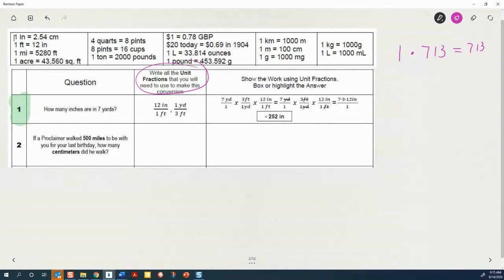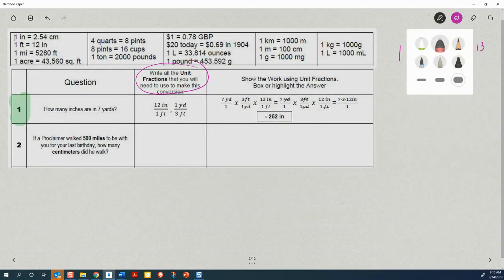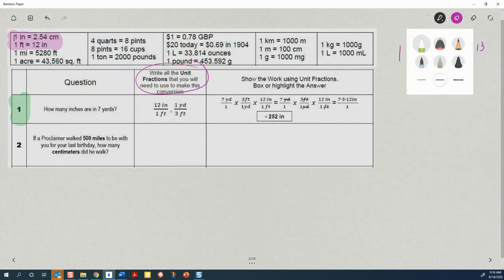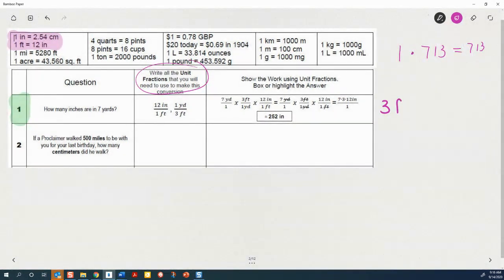So the first step is going to be how many inches are in 7 yards. To go from yards to inches, I need to first understand which unit conversions I'll need. Looks like I need 1 inch. Oh, not that one. Where is it? Oh, you know what? I didn't even write it on here. Some of them that I feel are just common knowledge or should be common knowledge I didn't add here.